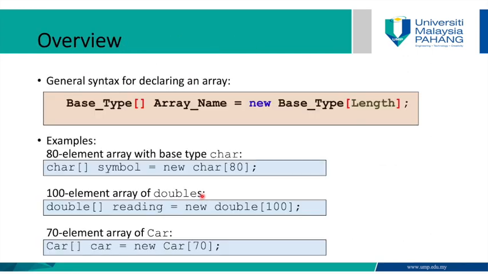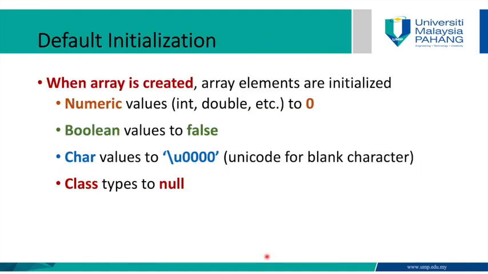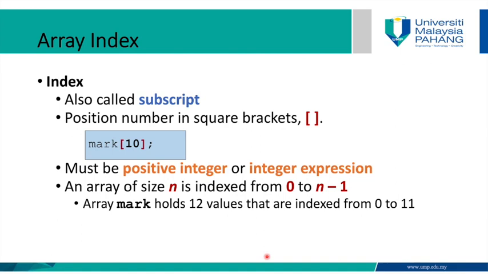For example, the size we declare here is 12, and the largest value of the index here is 11. So it must be 1 less than the size of the array.